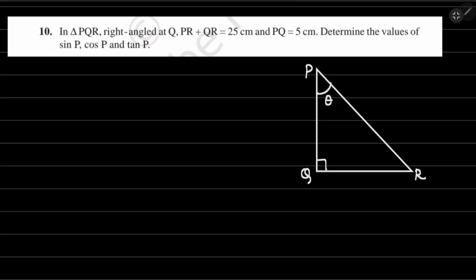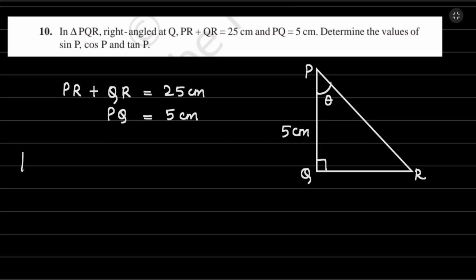Now what you are given is PQ is 5 centimeters. PR plus QR together is given as 25, so let's write PR plus QR equal to 25 centimeter. PQ is nothing but 5 centimeter. You have to find sin P, cos P and tan P.